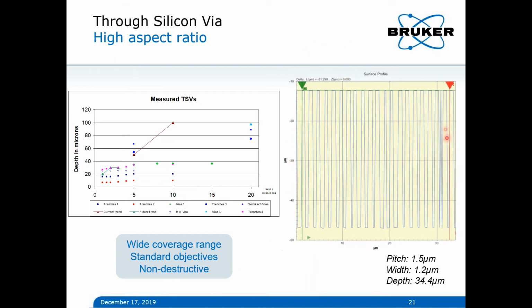So this is an example on the right where you see the section measured by a regular 20x objective, where we have a pitch of 1.5 microns, a width opening of 1.2 microns, and a depth of 34 microns. So what we see here is really a big aspect ratio of 1 to 20 just by standard objectives. So this is definitely an easy, non-destructive way of getting the real depth and monitoring etching depth in that way.